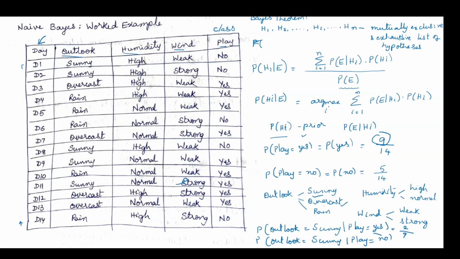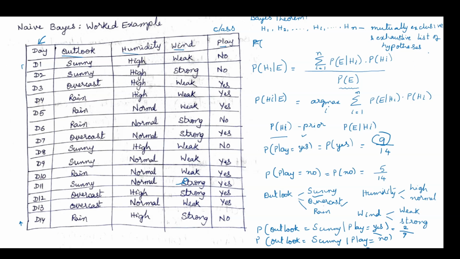If you consider the probability of outlook being sunny given play is no, then we have a total of 5 play to be no. Of these 5 play equal to no, we must evaluate how many of them have outlook equal to sunny.